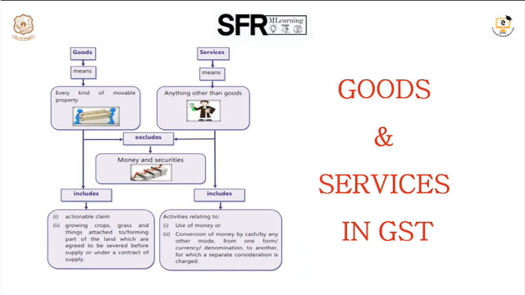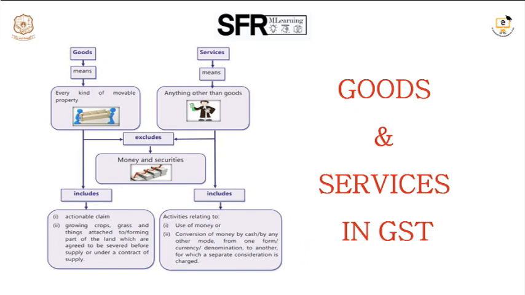And so, what is the meaning of service? Service can generally be said to be other things that are outside goods, money and securities. Apart from these, other transactions can be said to be a service. It normally involves use of money or the conversion of money by any other mode or currency or denomination.